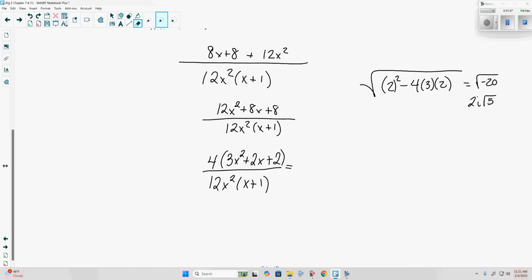They're not only imaginary because of the i, but they're also irrational because of the square root of 5. So that tells us that the 3x squared plus 2x plus 2 is as factored and simplified as far as it's going to go. So that part's taken care of.